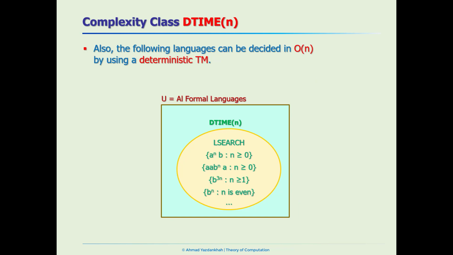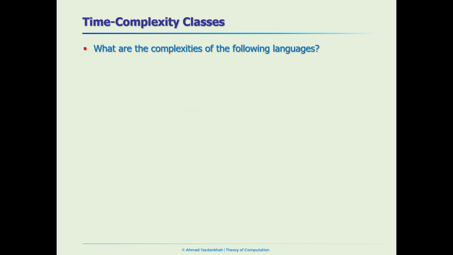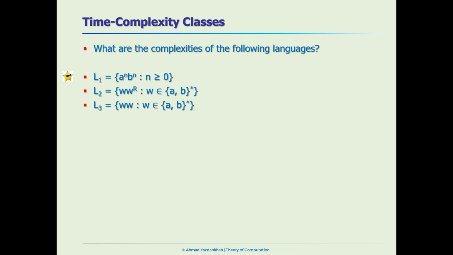Let me take other more complex examples. Look at these languages, a to the n, b to the n. How much time do we need for processing this? You remember when we used a Turing machine to solve this problem, we went back and forth to match one A with one B. So if you add all of those transitions, we're not going to go into detail, but if you add all of those back and forth moves that we did, it would be n square, right?